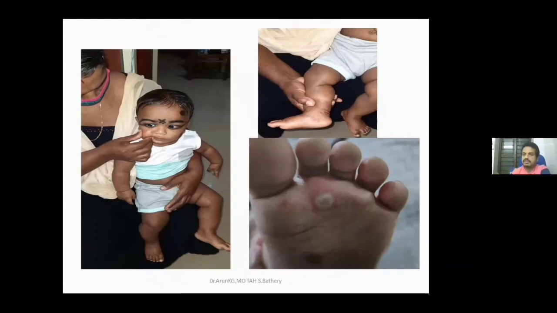But if at all you are seeing vesicle-like lesions on the palm and sole of an infant, a child up to 1.5 years, and some lesions are there on the face also, then the first disease we have to suspect is scabies itself.